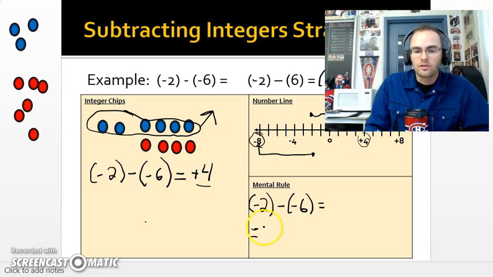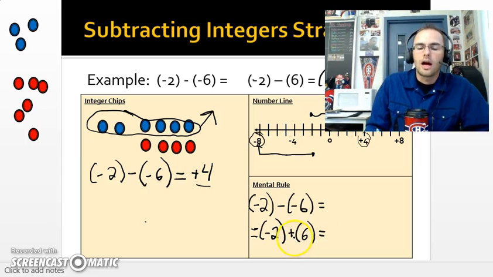question by doing this. You keep your first integer, which is -2, and you change this operation to an adding question, but because you changed that to an addition question, you change your second integer to its opposite. So instead of -6, it becomes +6.